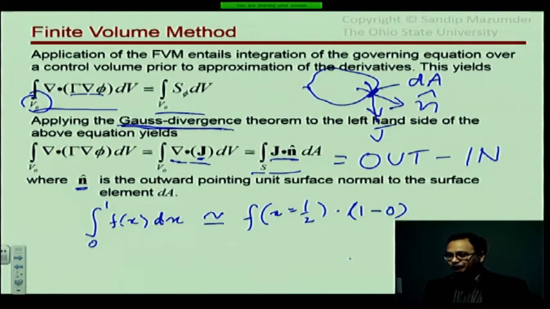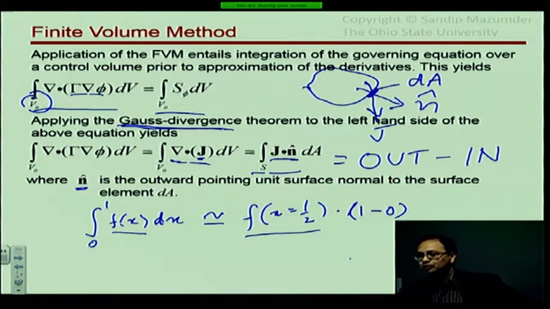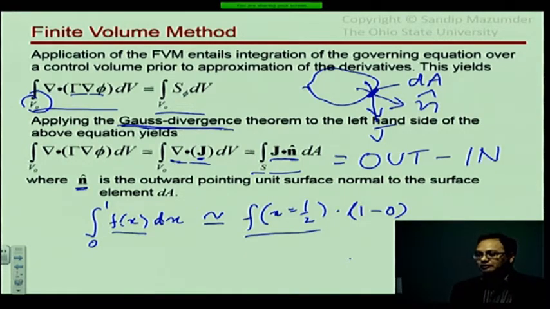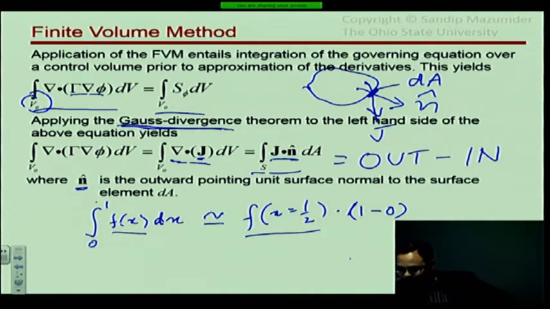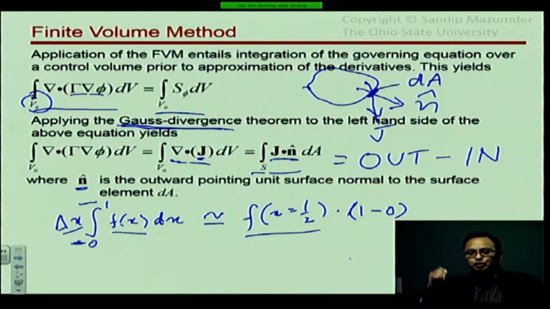If this function is linear, obviously this is always true, because the average of a linear function is always in the middle. There are many other functions for which also this will be true. Depends on the function. In general, as you shrink the gap between the top and the bottom, this delta x I'm going to call it, as you shrink delta x, this approximation will become more and more accurate.